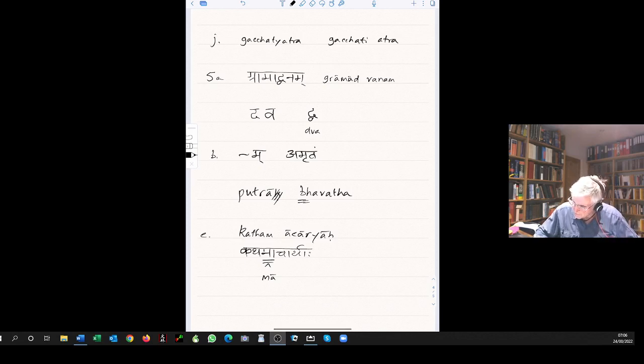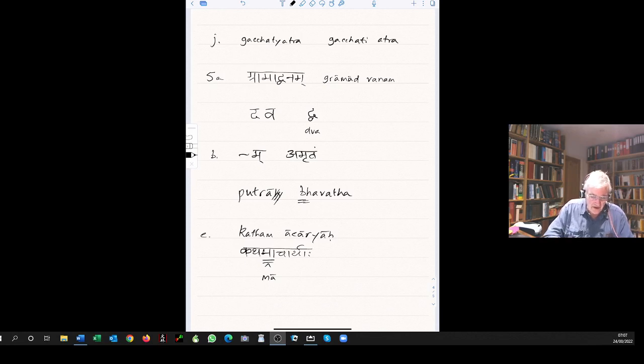And this is one of the pitfalls to be alert to when you're reading Sanskrit in Devanagari, because unless you've got a good grasp of what's being written, you don't know the words. You'll see this ma there, and you think that the ma is part of a word with this ma in it. Well, it's not. It's katham acharya. The most common trap there is with an M followed by a vowel, and they're merged together, so you can't immediately detect that it's part of two words. Just be alert to that.